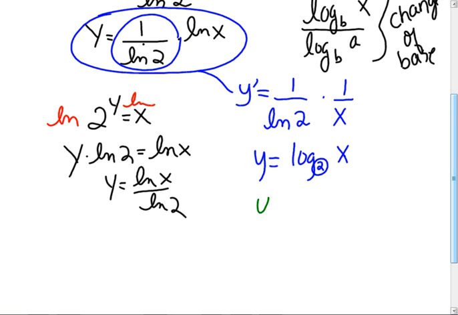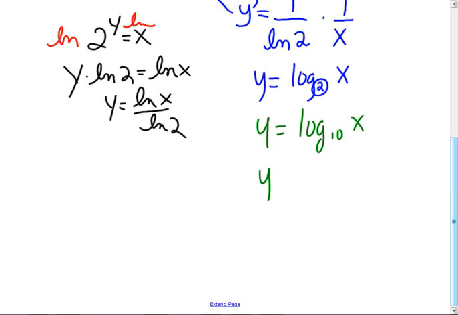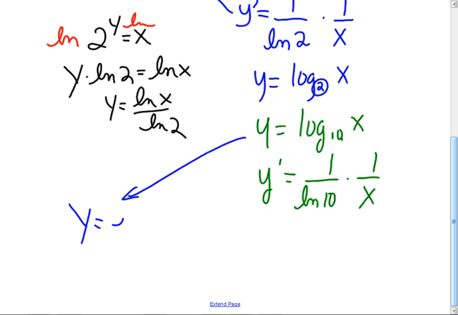So what if y is equal to log base 10 of x? What is its derivative then? y prime is equal to 1 over the natural log of this number, that's the formula, times 1 over x. Personally, I would change this. I would say that's really y equals the natural log of x divided by the natural log of 10.